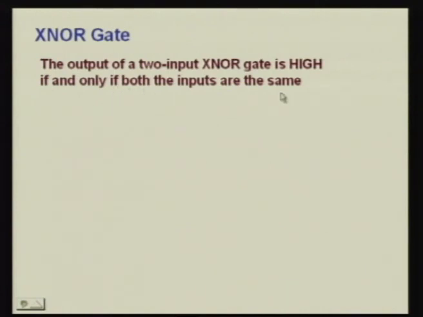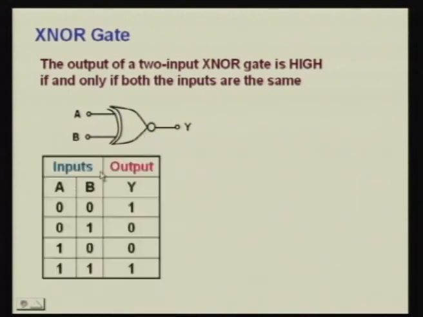It is just the opposite of the XOR gate, where we got high state when both inputs were unequal, but here we get high state if both inputs are identical. So this is the symbol for the XNOR gate. It is similar to the XOR gate, only we have put a bubbled structure here, that is, inverting the output of an XOR gate.